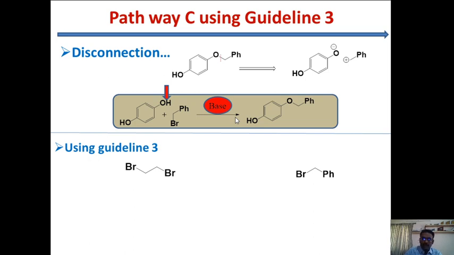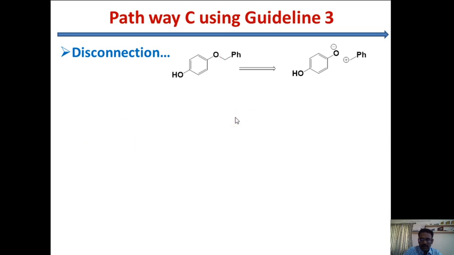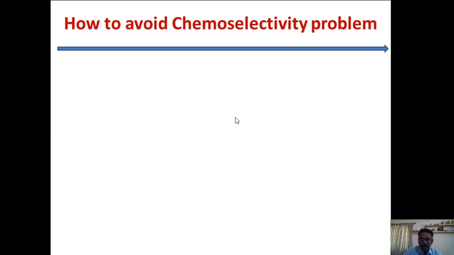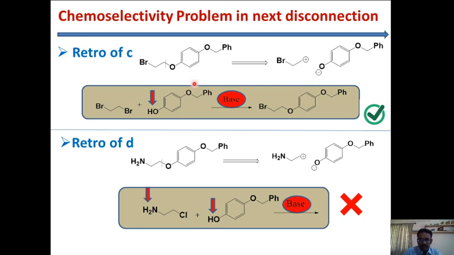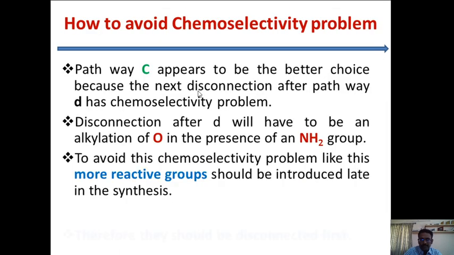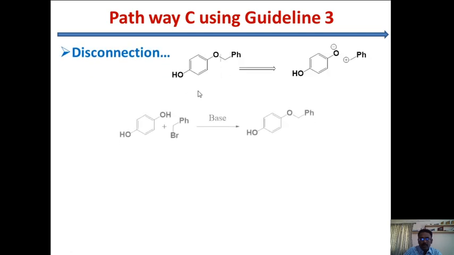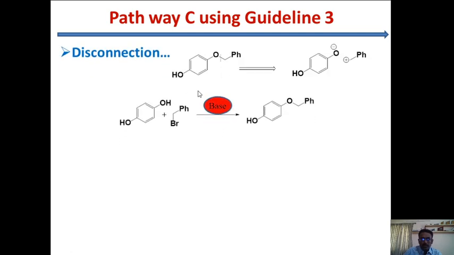You can see in the first step, path C, you have this molecule. After the first disconnection we already did, the second disconnection leaves us with these two molecules. Here we have dibromoethane, and when you do the next disconnection you have benzyl bromide.